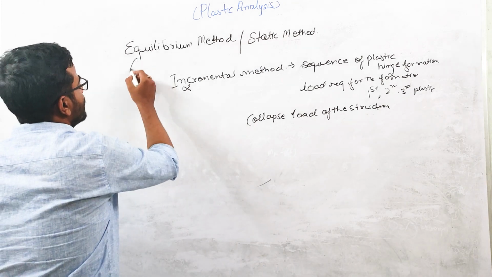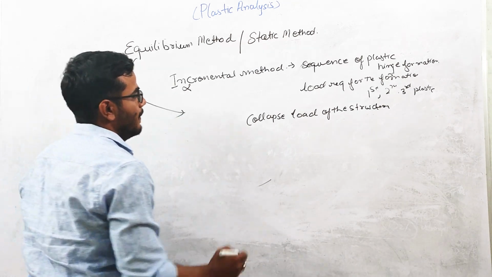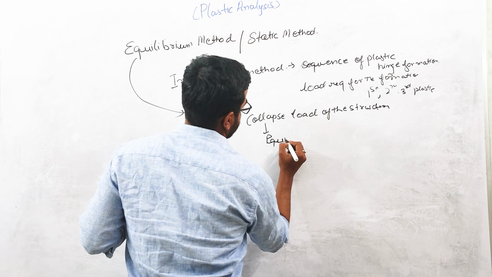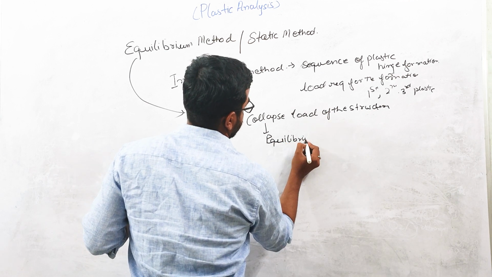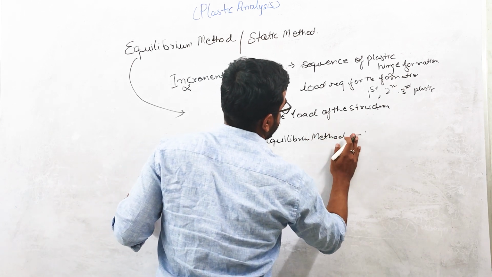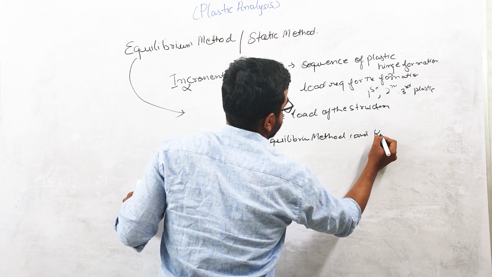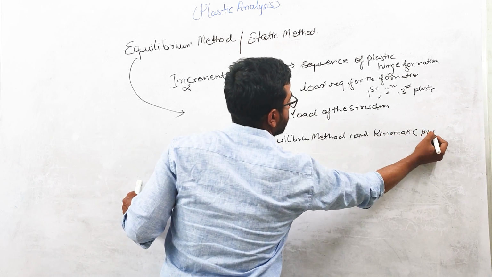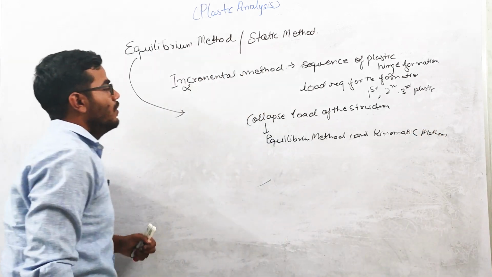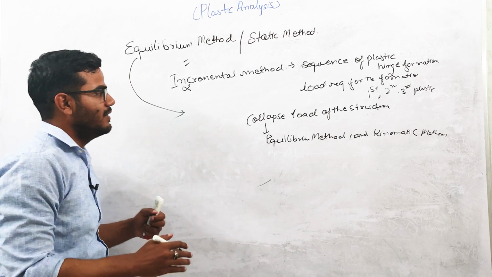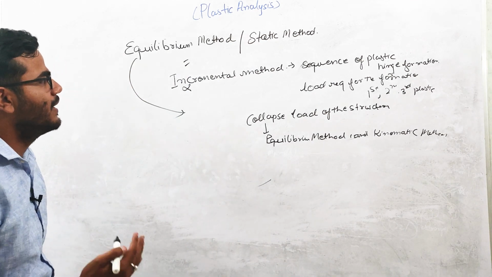We will be using either the equilibrium method or the kinematic method. In this lecture we are going to study the equilibrium method, and in later classes we will study the kinematic method.